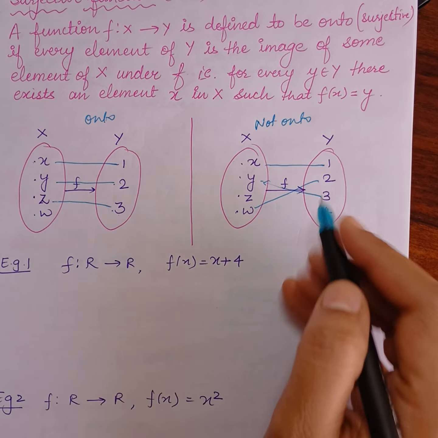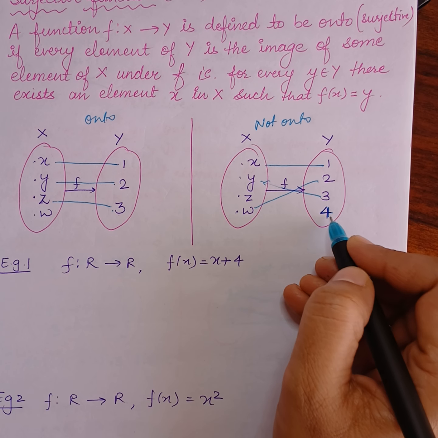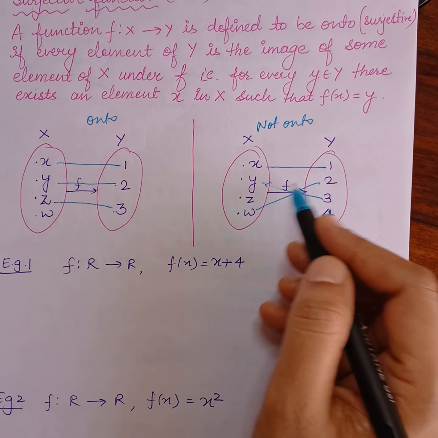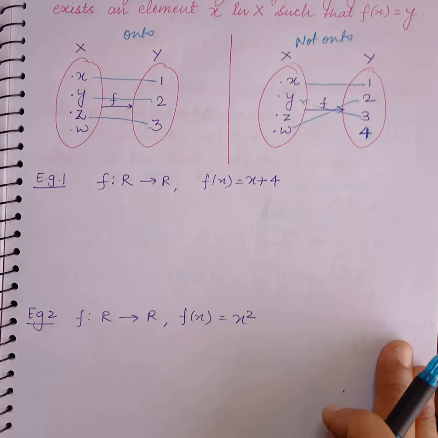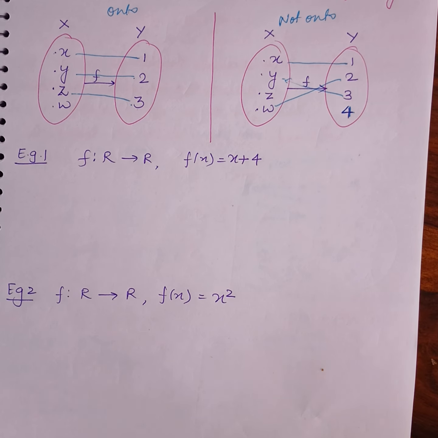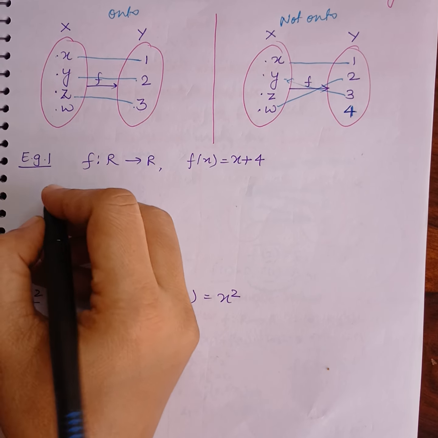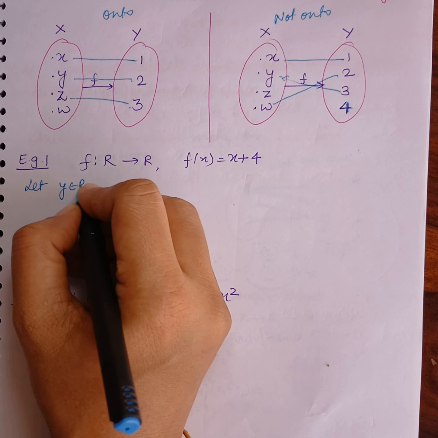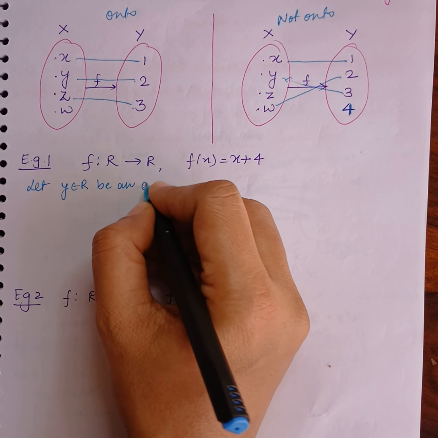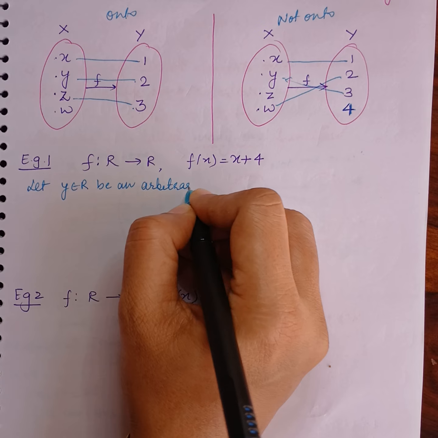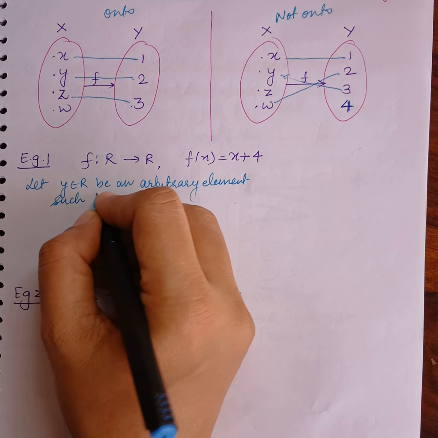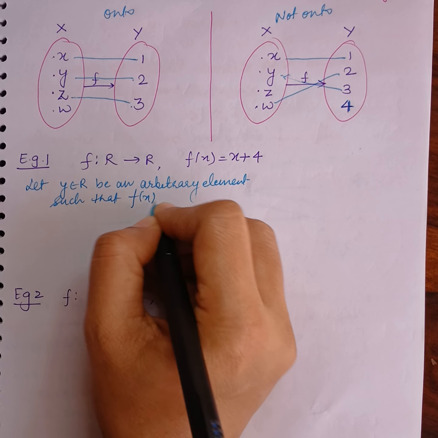So if any element is not related with this, then we call it a not onto function. Now how to prove the function is onto? We will consider, let y belongs to R be an arbitrary element such that f(x) is equal to y.